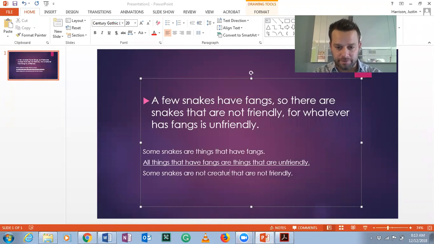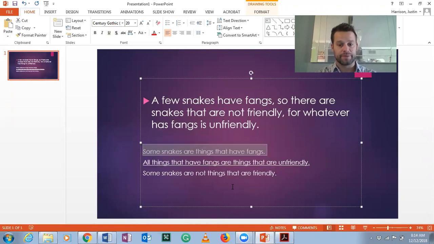This syllogism is not in standard form, because the predicate, the major term, is things that are not friendly. And the related major term is right here. So really this would need to be in the second place.